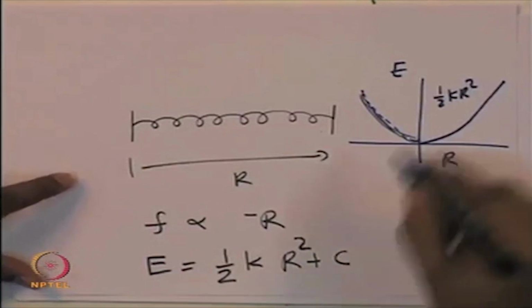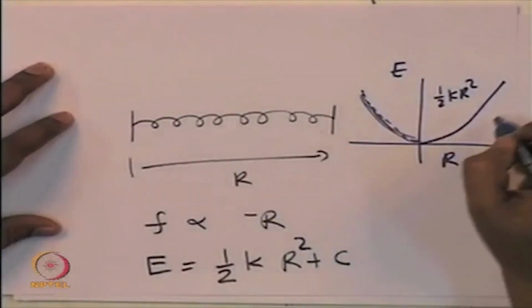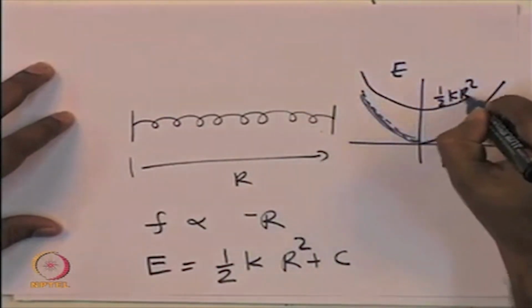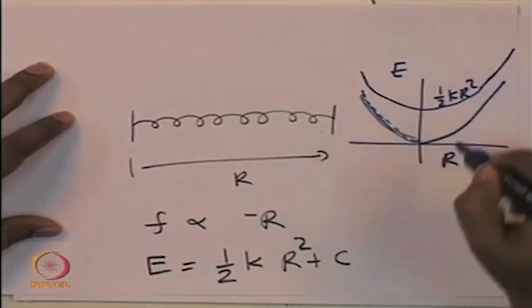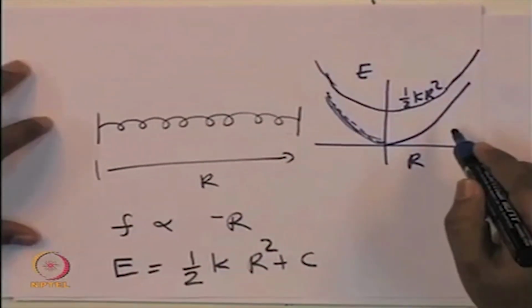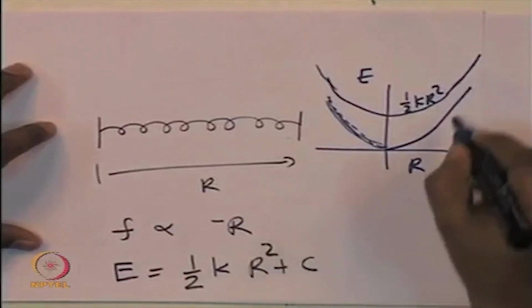Now even if you add a constant to this, the shape of this curve will not change. Let us have a look at this plot once more. Even if you add a constant to this, the curve will become something like this. So essentially it will get shifted, but the shape of the curve will not change.